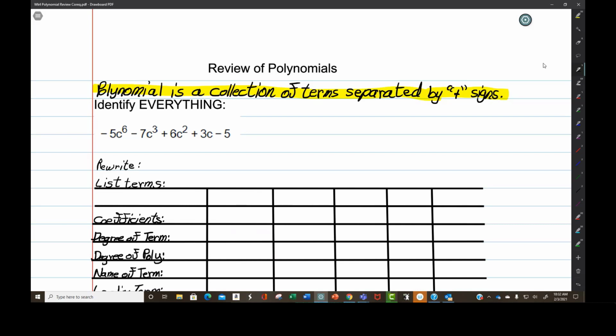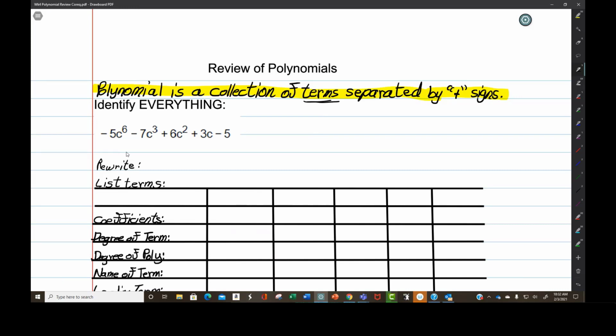We're going to be talking about polynomials, one of the most loved things in algebra. And without defining anything right now, a polynomial is a collection of terms. And terms are separated by plus signs. Very important.